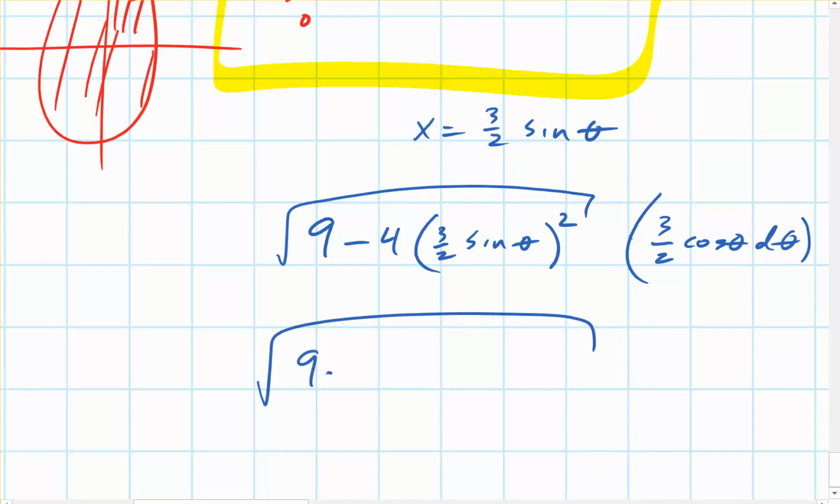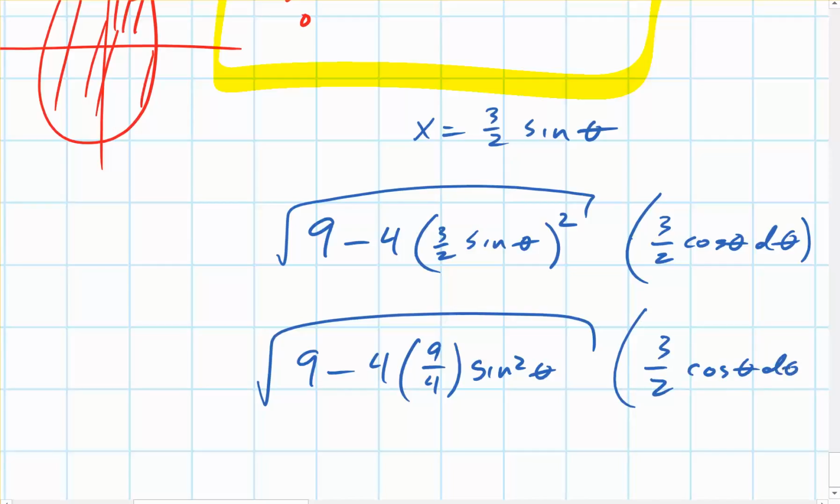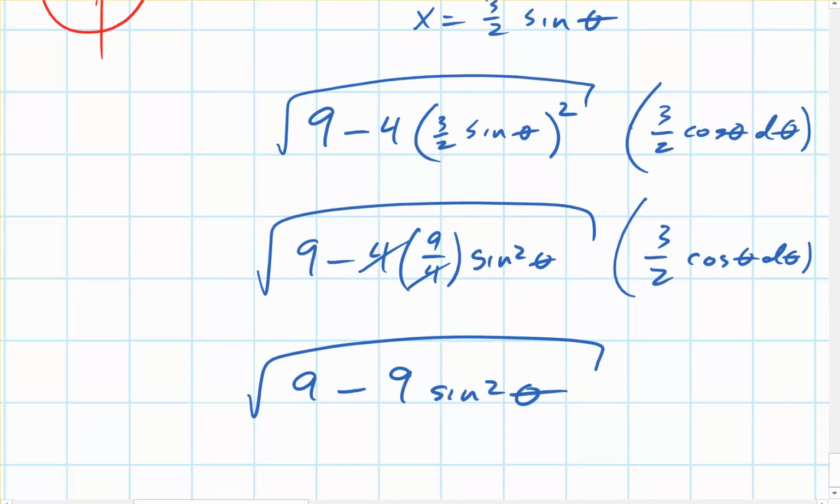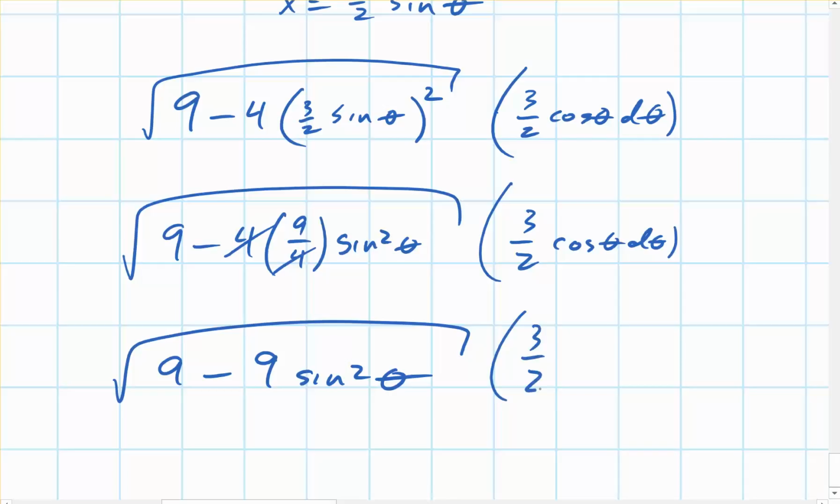You end up with 9 minus 4 times 9 over 4 sine squared theta. Look at this. What cancels that's really nice? The 4's cancel. And then what are you left with? The square root of 9 minus 9 sine squared theta times 3 over 2 cosine theta d theta.